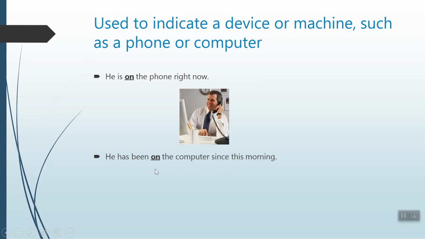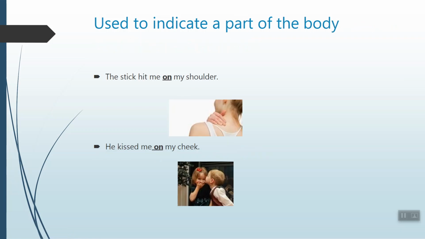It is also used to indicate a part of the body. For example, the stick hit me on my shoulder. He kissed me on my cheek. On: still surface, something not inside but outside.